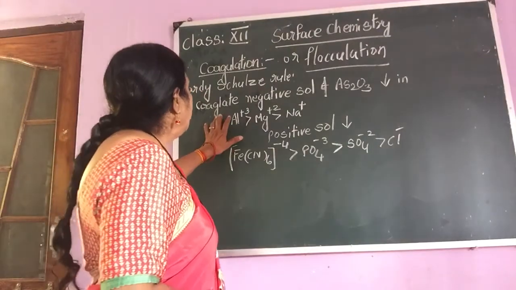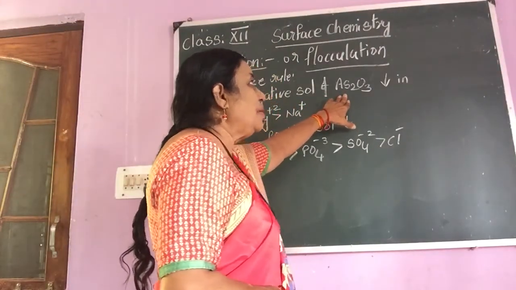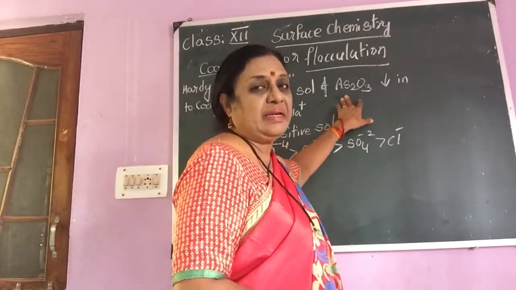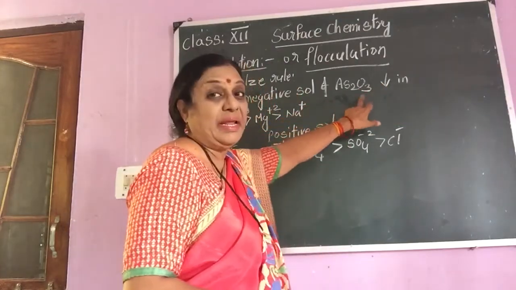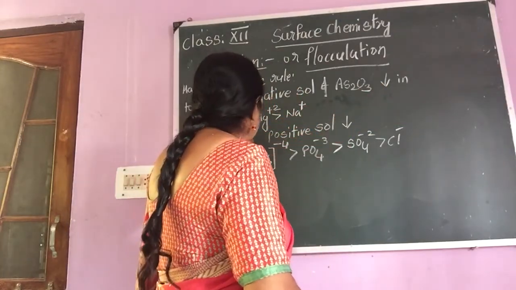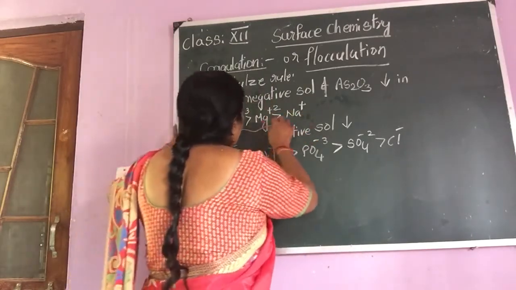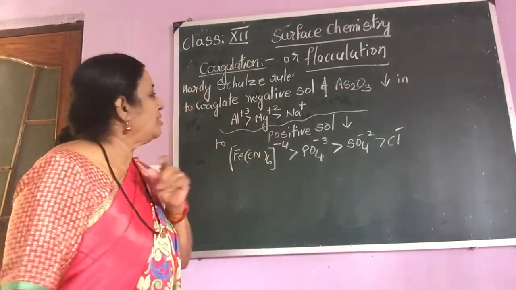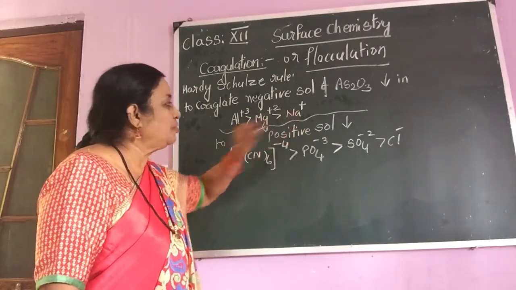For example, to coagulate the negative sol of arsenic oxide, which has negative charge, the coagulating power decreases in the order Al3+, Mg2+, Na+. Now, aluminum is having the greatest charge, so its coagulating value will be greatest, followed by magnesium, followed by sodium.